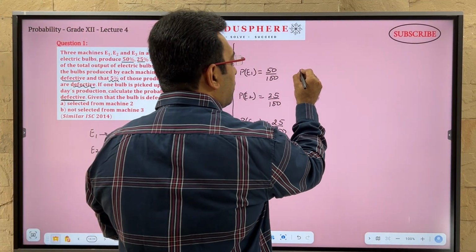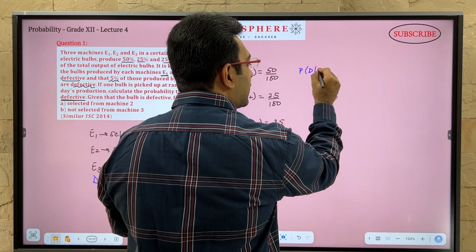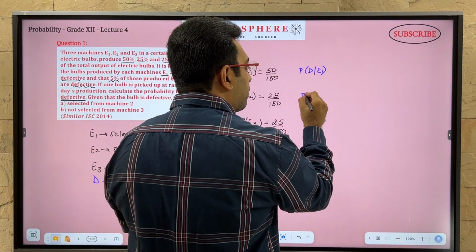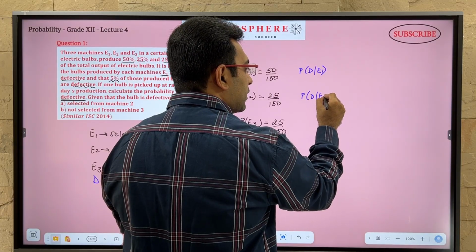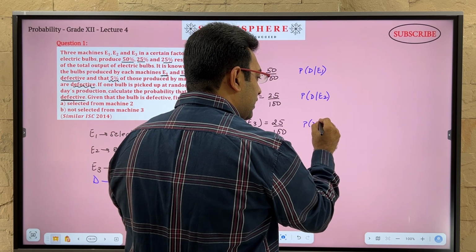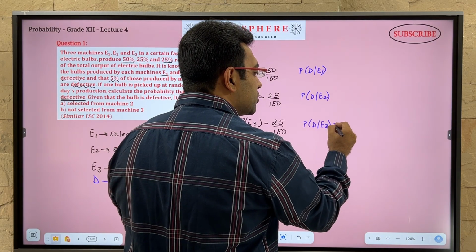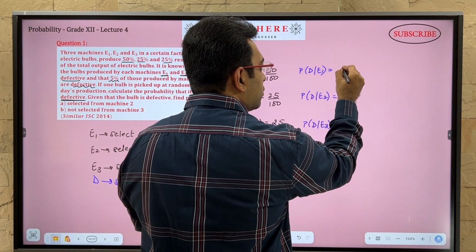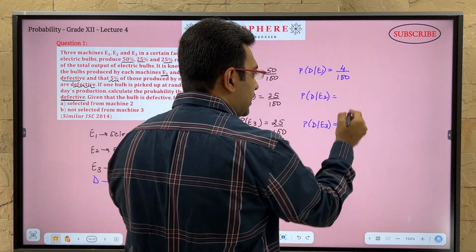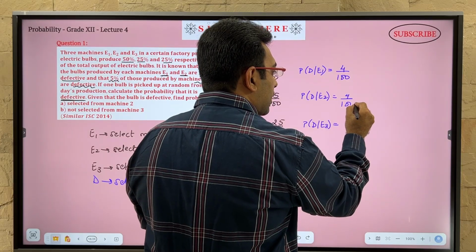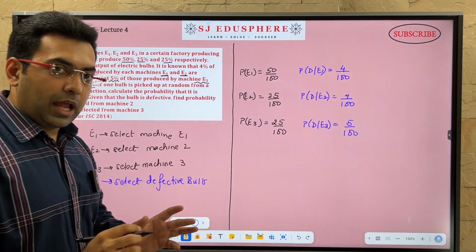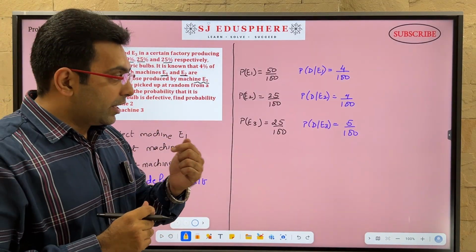So, probability of defective given it is from machine 1. Probability defective given it is from machine 2. Probability defective given that it is from machine 3 is given to you as 4%, 4%, and 5%.